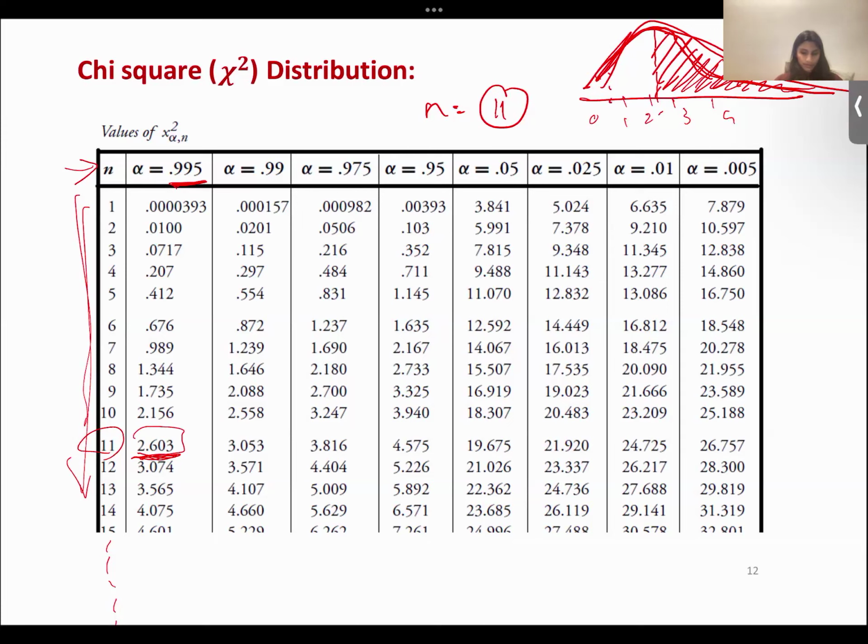At a given point, the area above that is 99 percent. Let's draw it again and consider the value 26. 2 was here, so 26 will be somewhere here. If I take 26, the area above that is very small, just 0.5% of this whole curve. That's how you use this table.